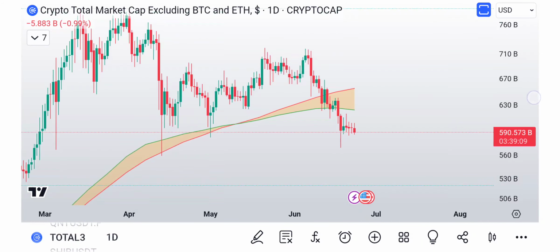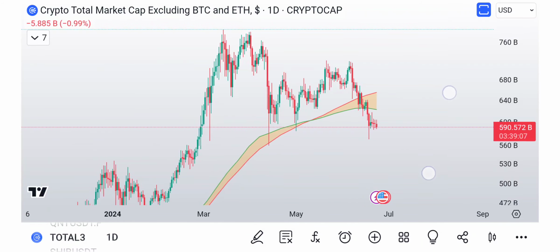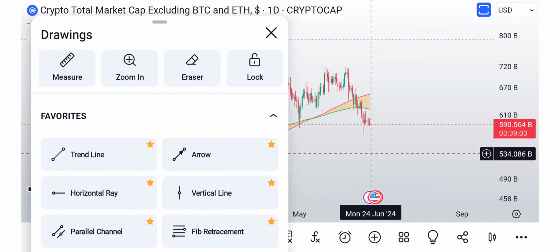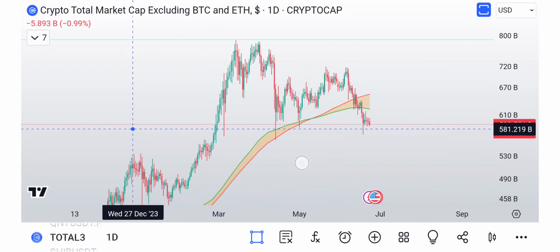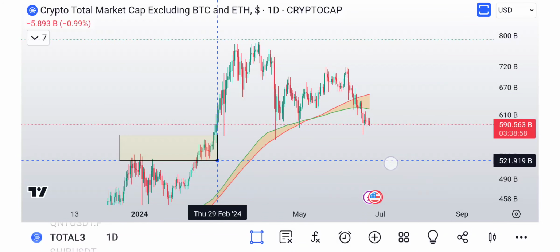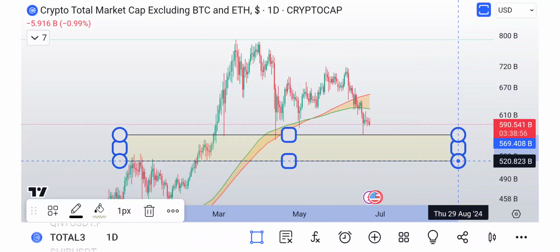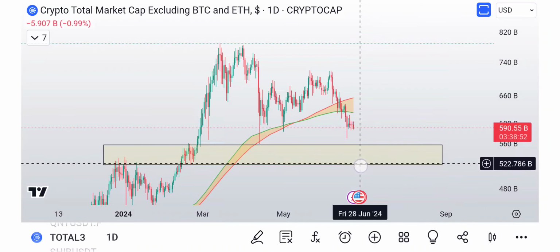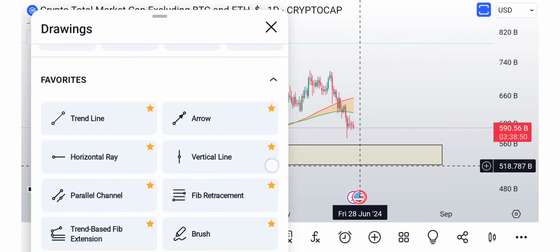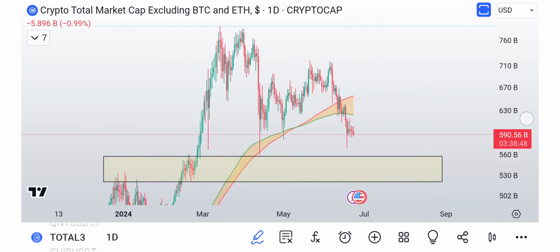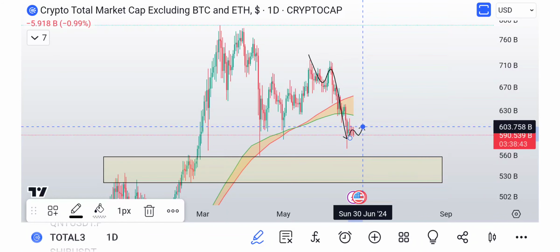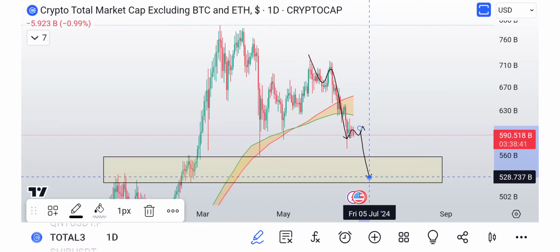One thing that looks very bearish is the Total 3. This thing looks like it wants to break to the downside. That 3-day chart might work. I'm hoping it does, but if we have the dollar breaking out and the 3-day chart still needing another low, then to me this is the way to do it: 1, 2, 3, this is some kind of 4, and then we get 5.